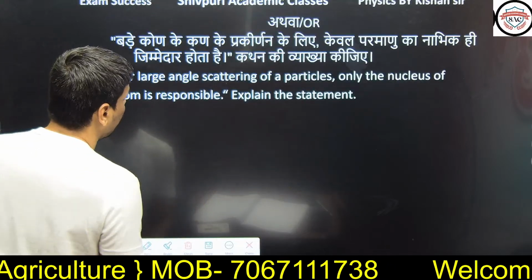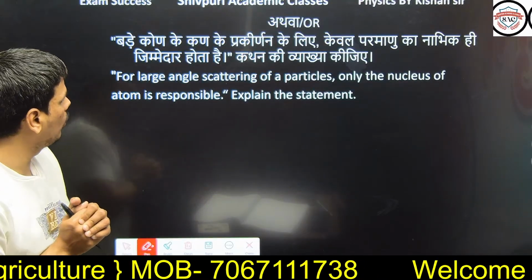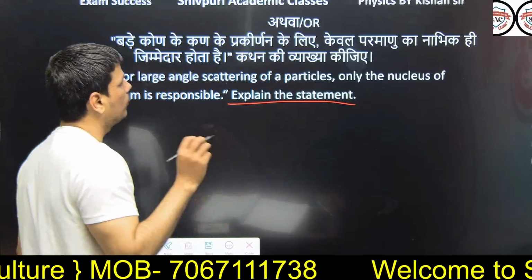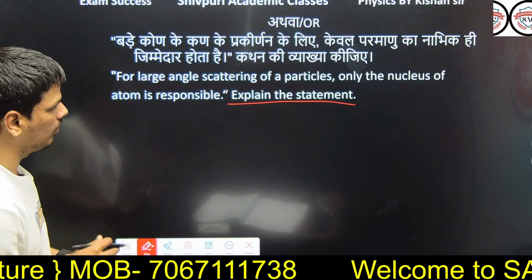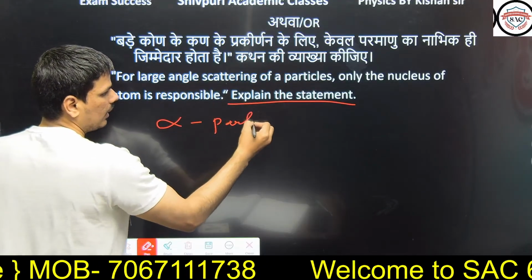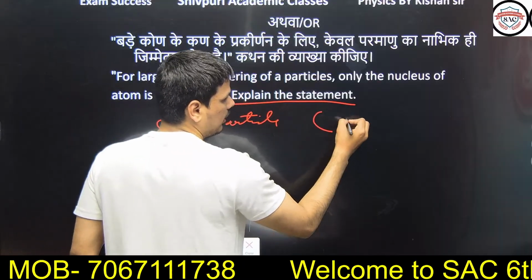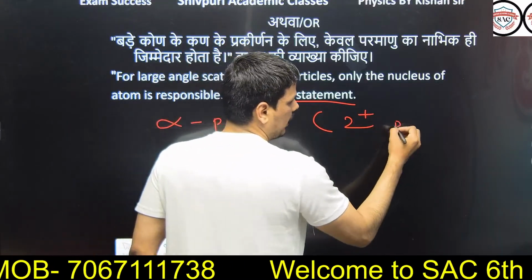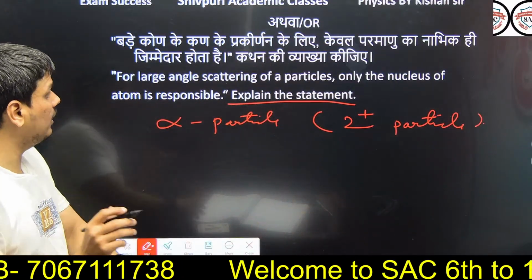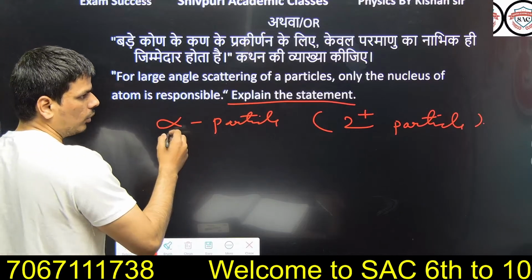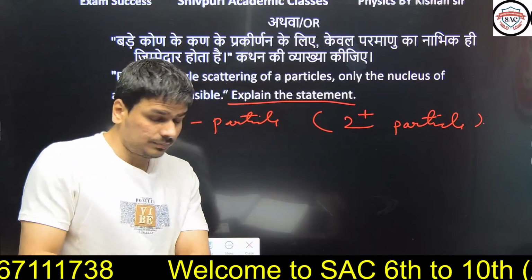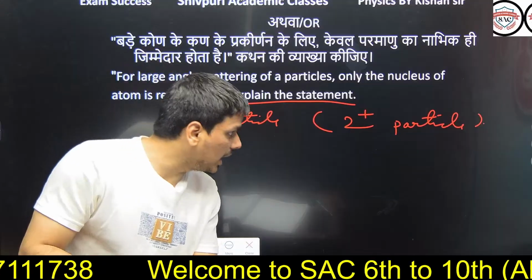Okay, next question: for large angle scattering of a particle, only the nucleus of the atom is responsible. Explain the statement. Here the particle is an alpha particle, and we already know an alpha particle is a doubly positive particle, or a doubly positive helium ion. If it strikes an electron, nothing will happen because the alpha particle is much heavier than the negatively charged electron.